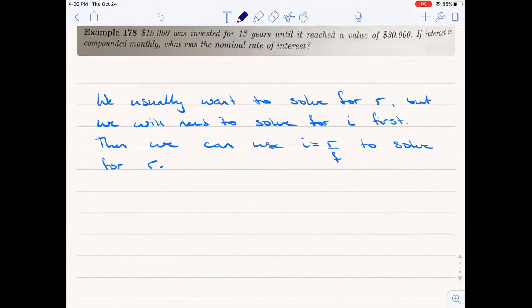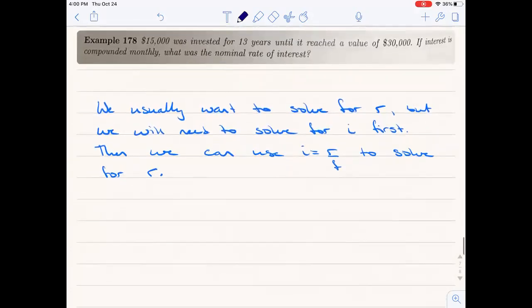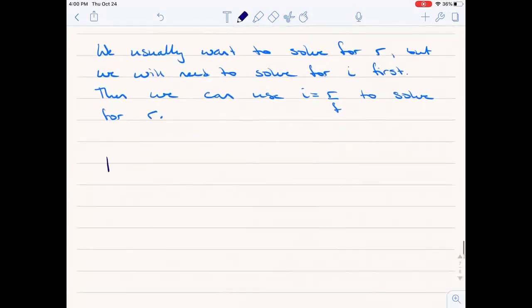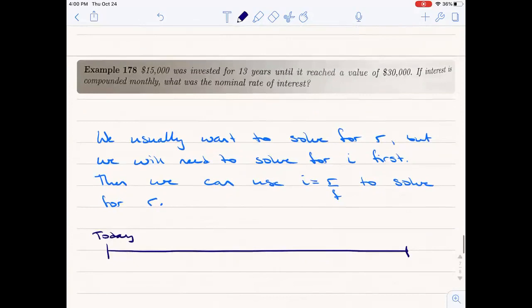So for our timeline, right, we invested $15,000 and then 13 years went by and we ended up with $30,000. That sounds great. What R made that happen, right? I'm going to use the same method. I'll say today and then 13 years from today, because as long as the distance is 13 years, it doesn't actually matter.